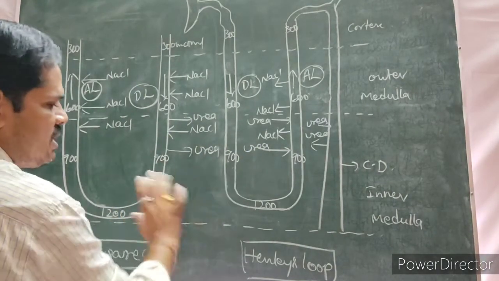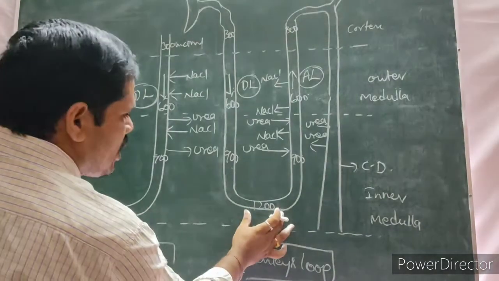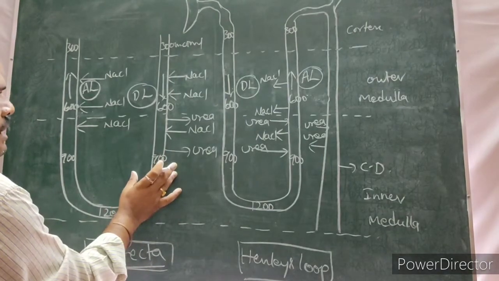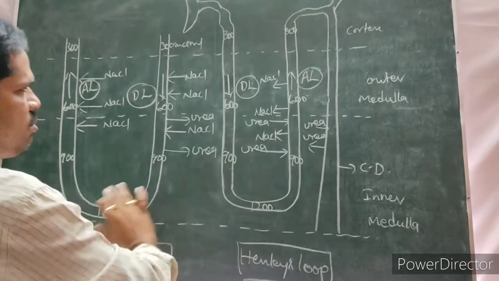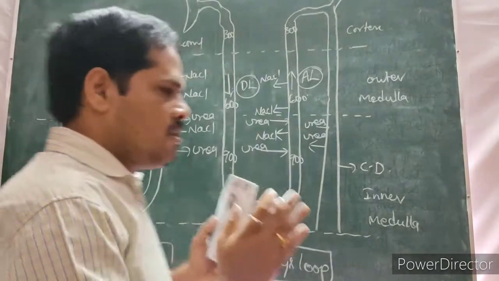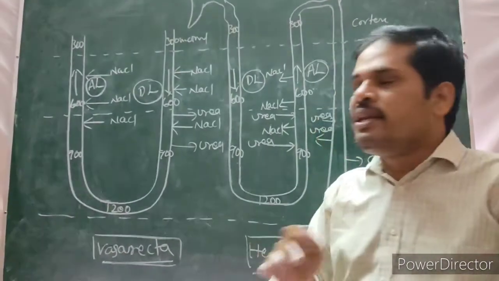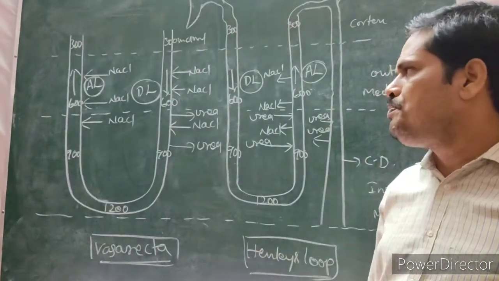What is the importance of this? To maintain constant electrolytes in both the vasa recta, which is the blood vessel, and Henle's loop, which is the nephron. That is the countercurrent movement.